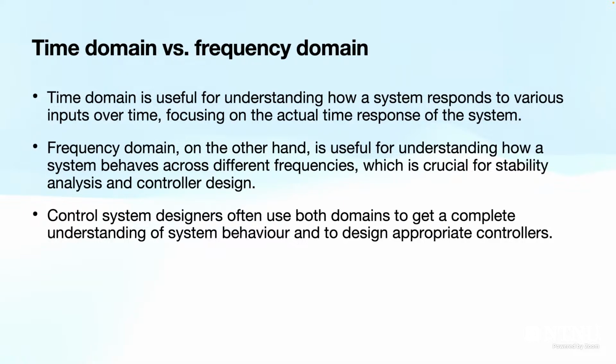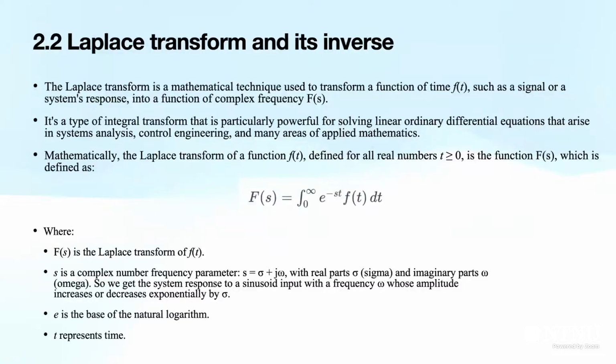Control system designers often use both domains to get a complete understanding of system behavior and to design appropriate controllers. And this is what we will do in this course. We will use the frequency domain and the time domain to understand the system in a better way and to design good controllers which can control the system over different operating conditions or frequencies.